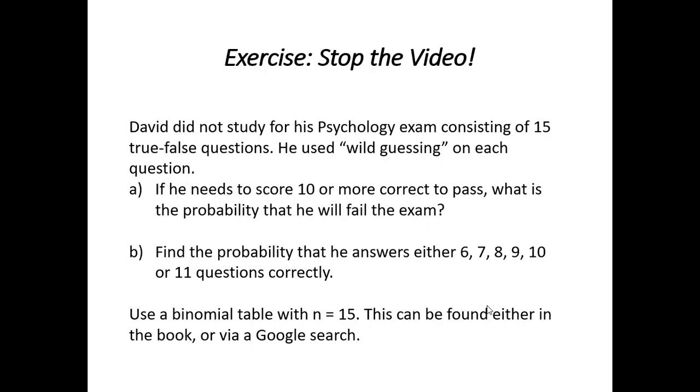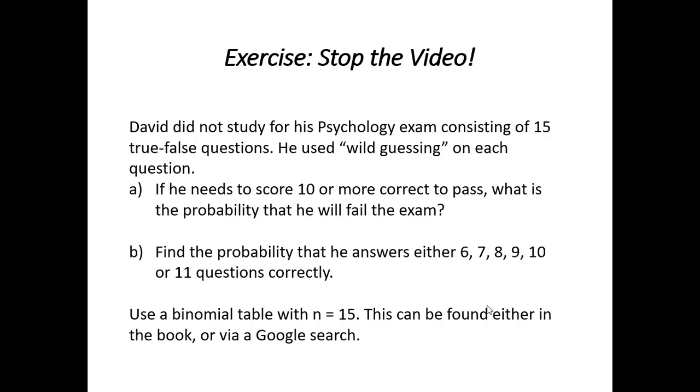And part B, find the probability that he answers either 6, 7, 8, 9, 10, or 11 questions correctly. So use a binomial table with n is 15. You could find that in the book. If you can't find that in the book, most of these tables we look at can be found by running a Google search.